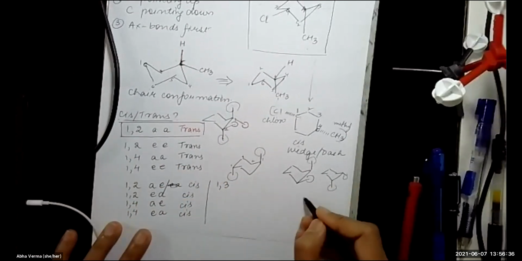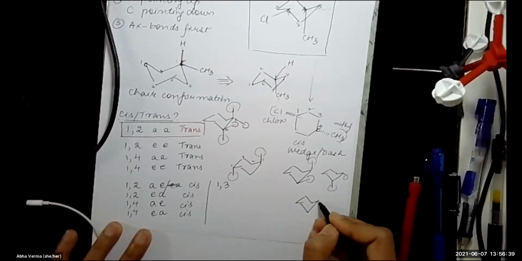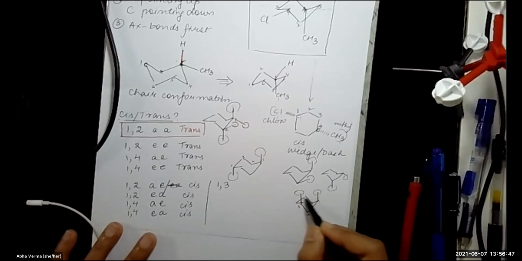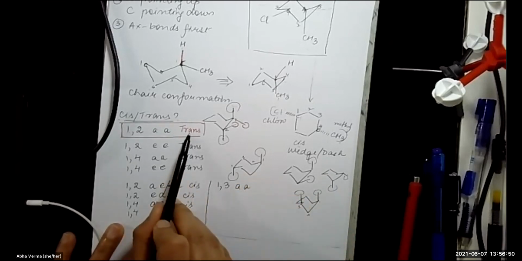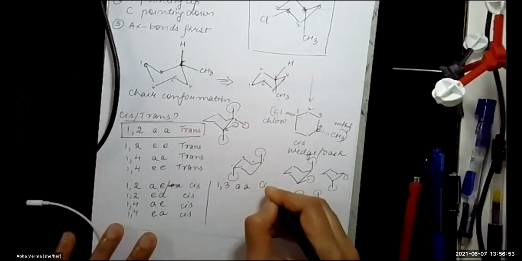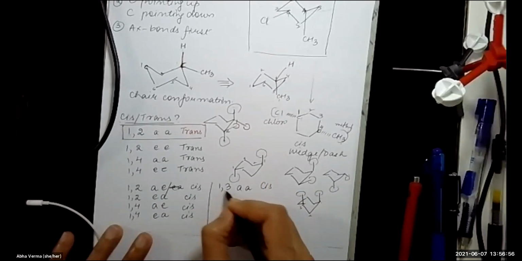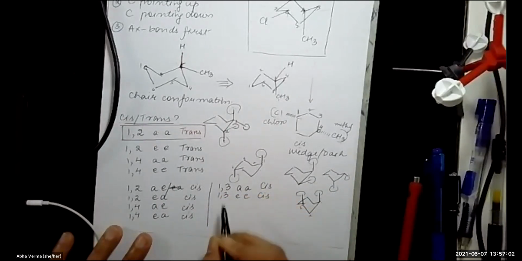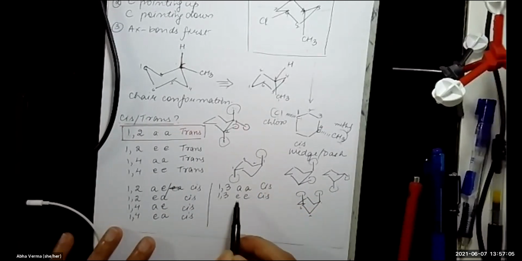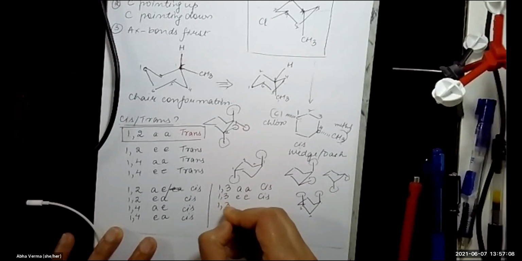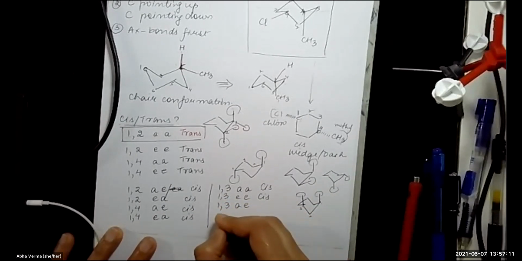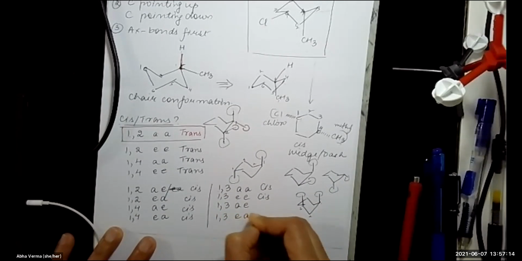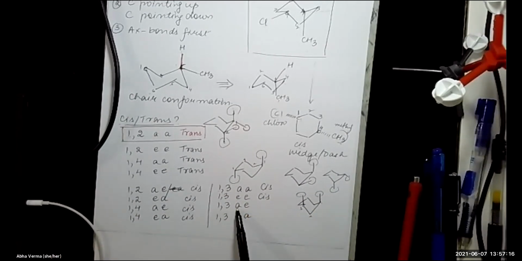If you look back here and I try to make 1, 2, 3, axial, both groups on the same side, opposite to that of what has happened with 1, 2. 1, 3 axial is cis, 1, 3 equatorial is cis. 1, 3 axial equatorial. Anybody? What would happen to 1, 3 axial equatorial?